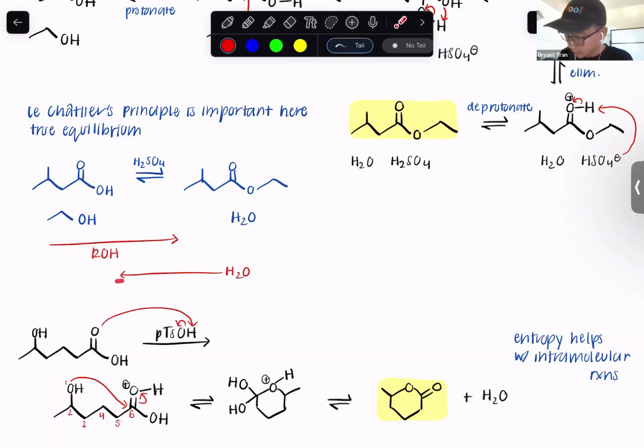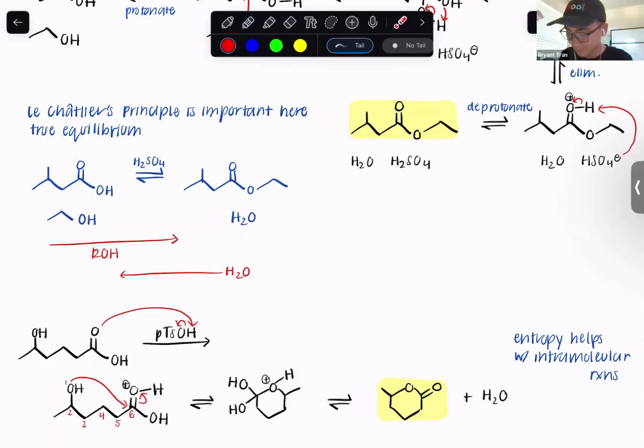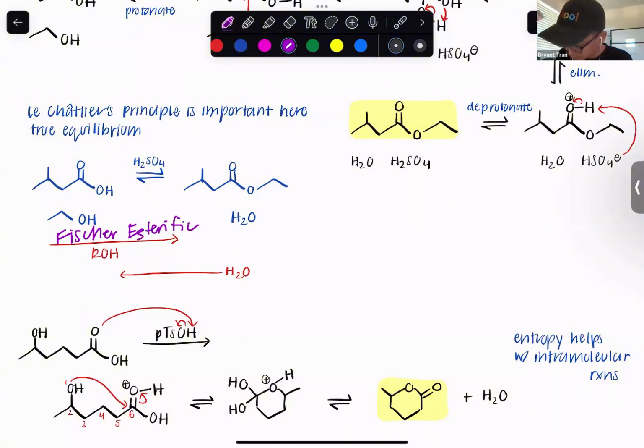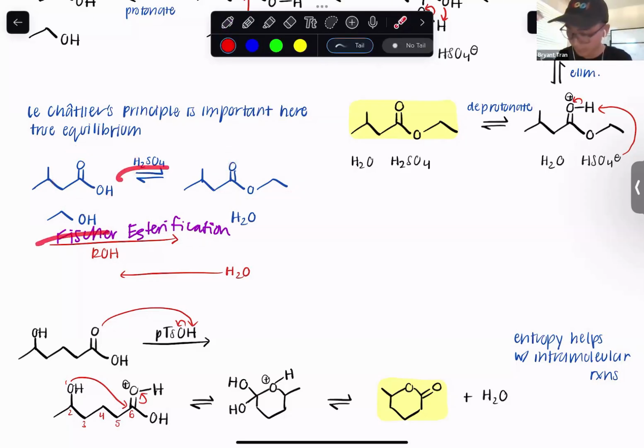If you increase the concentration of water, you're going to go towards the carboxylic acid side. Right? So the name of the reaction of this one is Fischer esterification, where we convert a carboxylic acid into an ester with alcohol and acid.